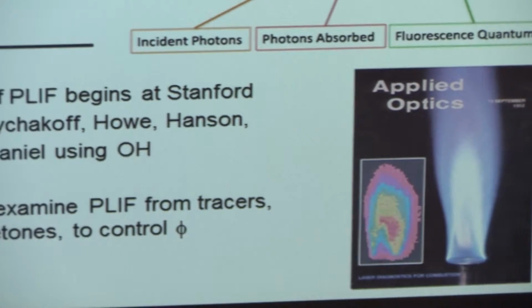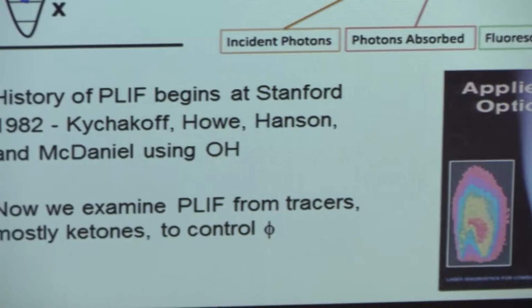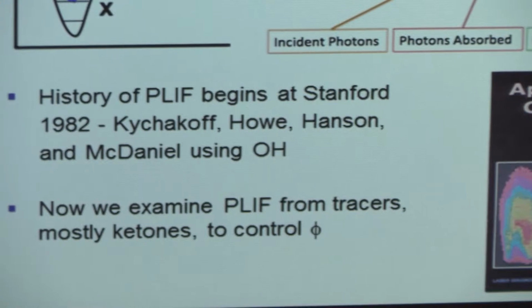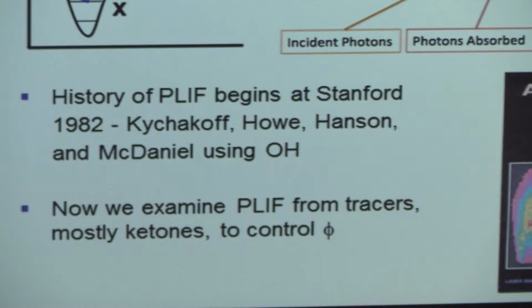Howe was my technician, who now is a chaired professor at Harvard in biomechanics. He was a really bright guy that I was able to hire. He graduated in physics at some university in Oregon. McDaniel is a professor at Virginia.